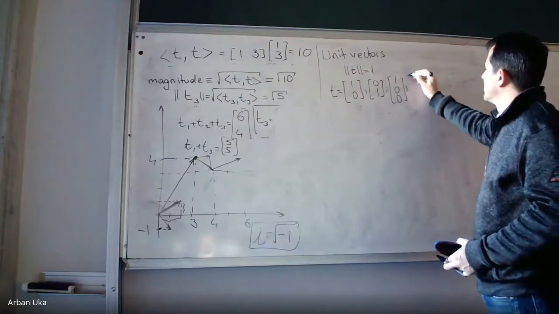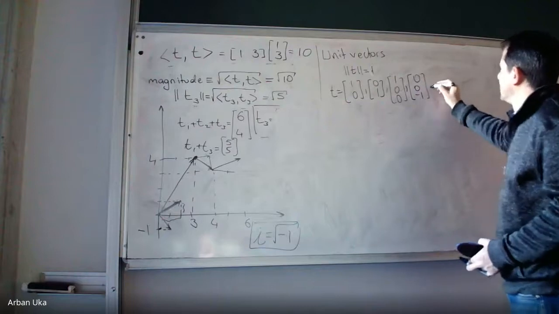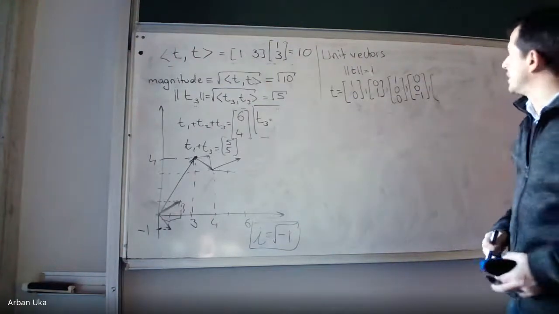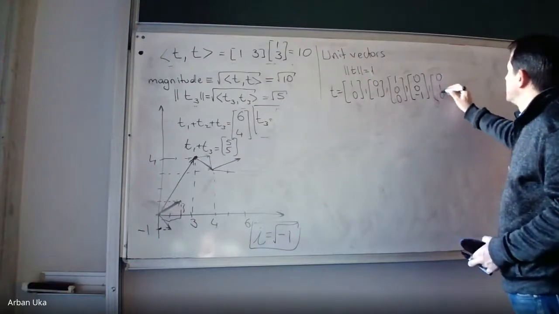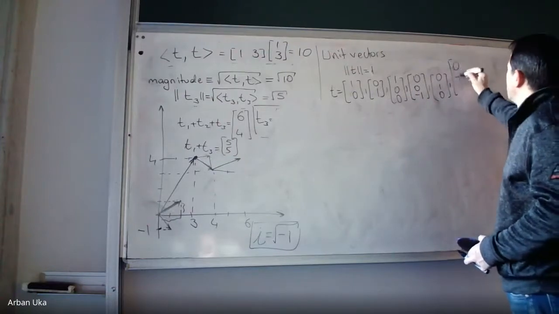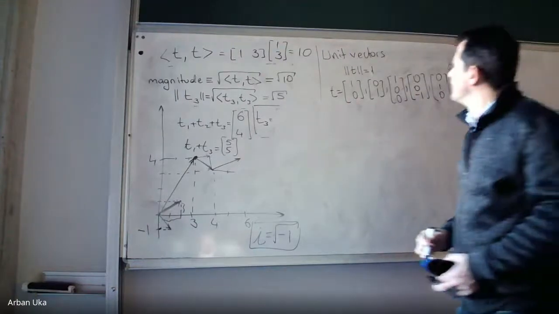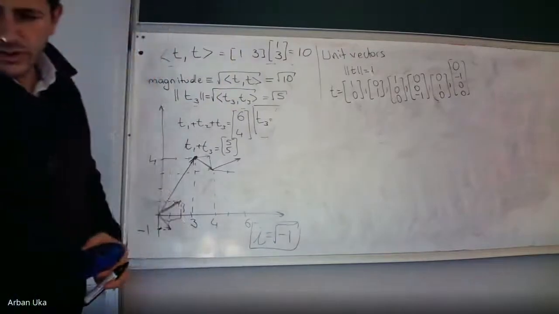Similarly, we can have 0, 0, minus 1. So these are all unit vectors because the magnitudes are all 1. And we can also have 0, 1, 0. Also, this can be 0, minus 1, 0. So these are all unit vectors because the definition is simply what is on the board.